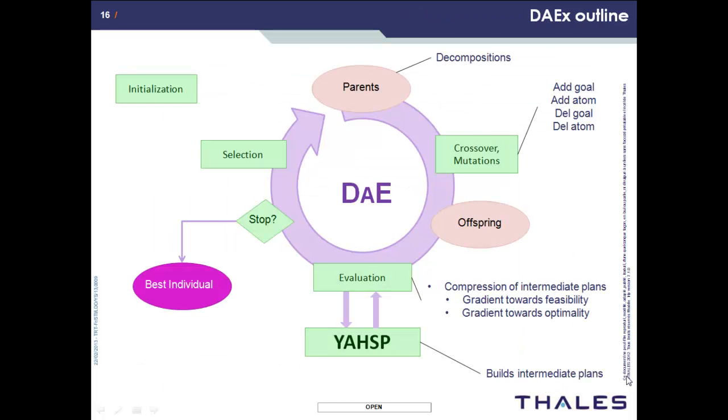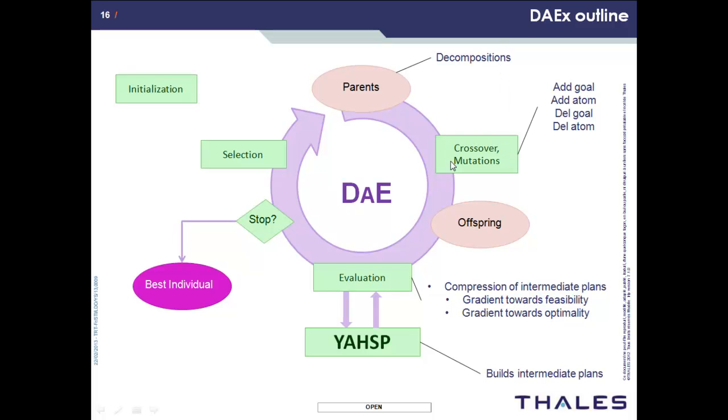We can now zoom out. You recognize the evolutionary loop I showed earlier, with a population made of parents and offspring, constructed from crossovers and mutations. Everyone is evaluated, and the subset is selected and put up against a stopping criterion. What is specific to the planning problem here is that the individuals or parents are actually decompositions of the form I just showed earlier.